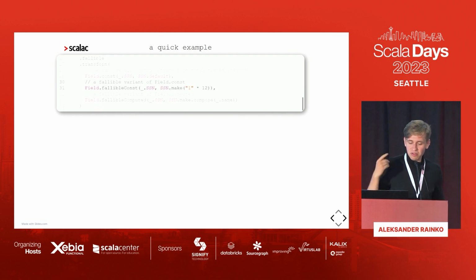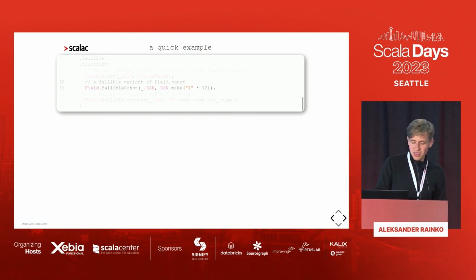But it also allows us to specify some fallible variants of those configuration options. So, for example, there's a fallible variant of const called fallibleConst, which basically allows us to pass in a value that is wrapped in the wrapper type that is represented with that mode. Kind of contrived, but maybe you get it.